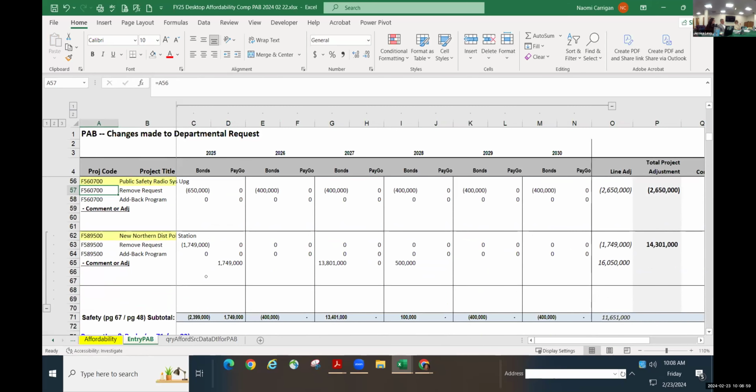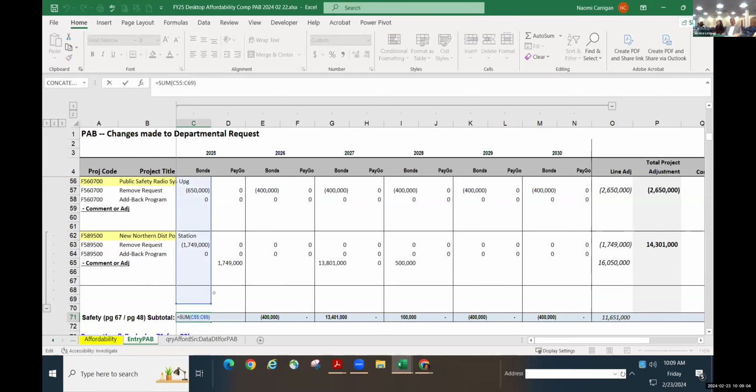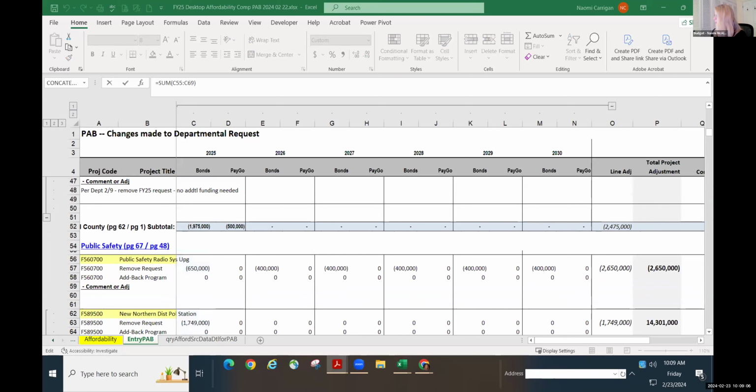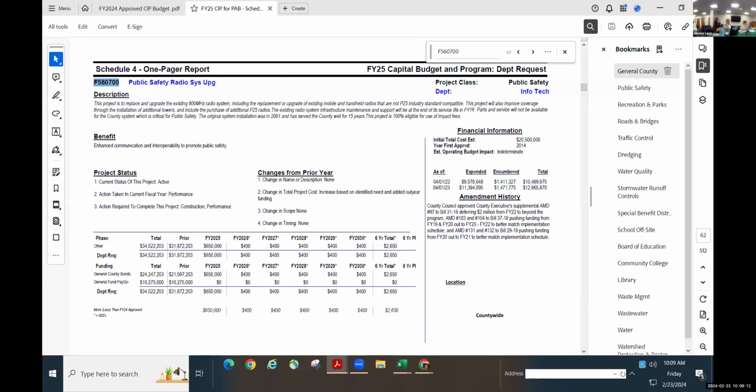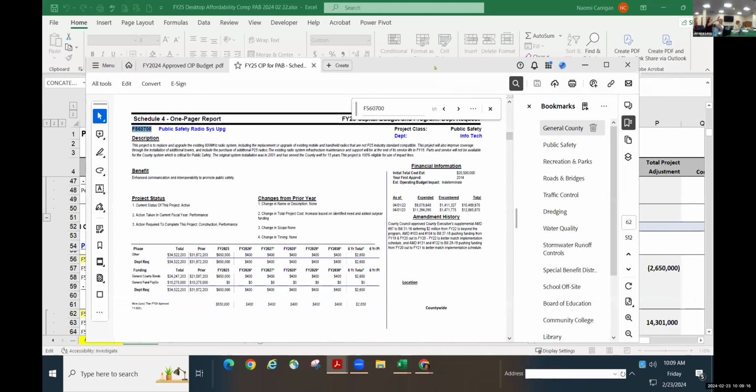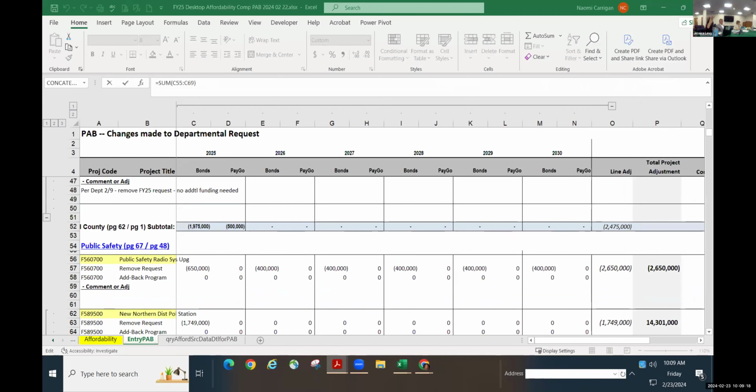This project is funded by impact fees, Naomi? Yeah, that's what it said. Let me check. I don't believe it is, but it says 100% on the description. So again, we're confused by the description that talks about fiscal year 2016 and that it is 100% impact fees, so maybe we need an update on the description.